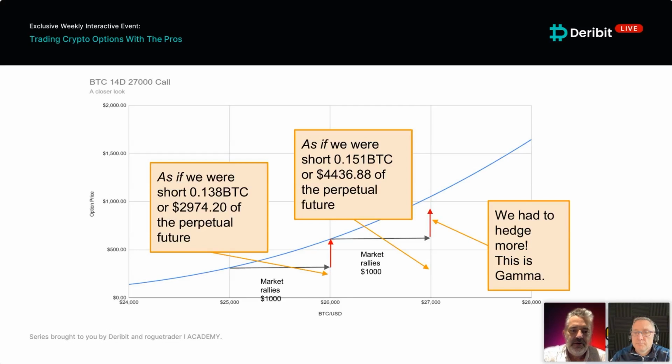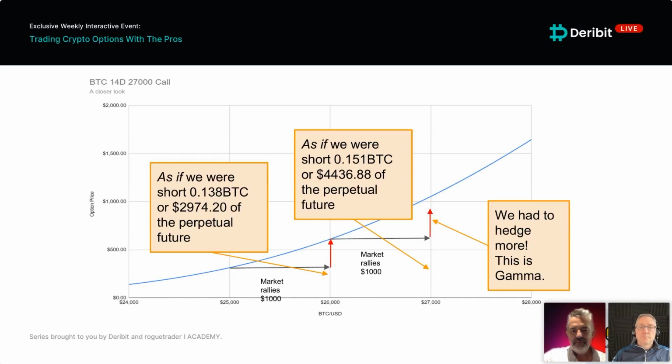So being long 0.138 bitcoins at 25,000 means that when we get to 26,000, I've still got zero P&L. So I'm in a comfortable position.